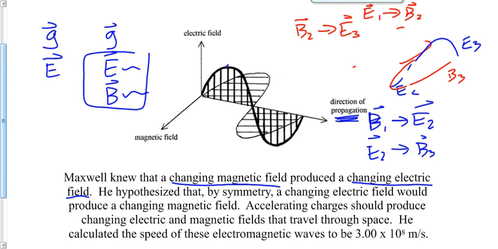What's important here is that things are changing. A moving charged particle at a constant speed generates an electric field and a magnetic field, but it doesn't produce EMR because it's a constant electric and magnetic field that it produces. You need a changing electric and magnetic field for this to happen. So we need an accelerating charge to produce the changing electric and magnetic field, not just a moving electric charge.